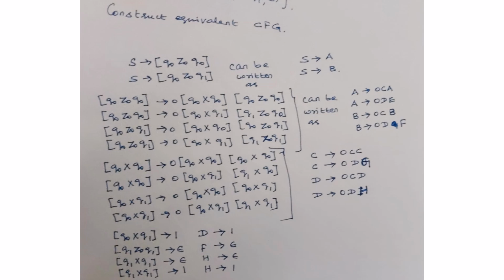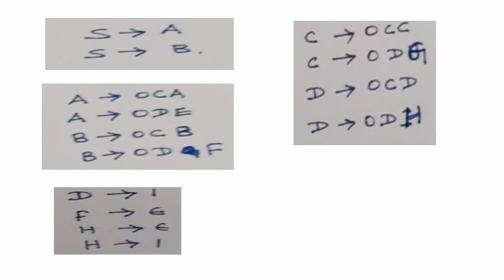To reduce the complexity, we are giving names for the variables. So finally, we are obtaining these productions so that it is easy for us to simplify the grammar. So S implies A and S implies B.